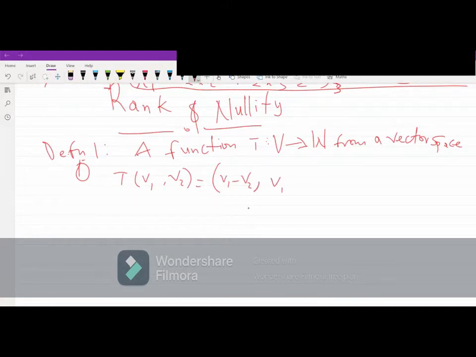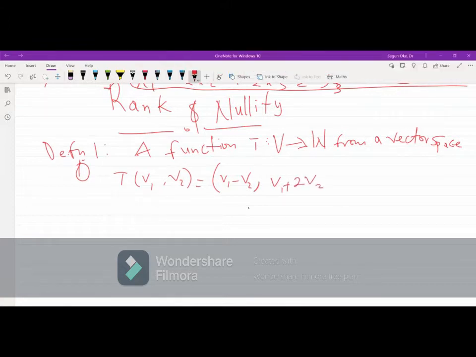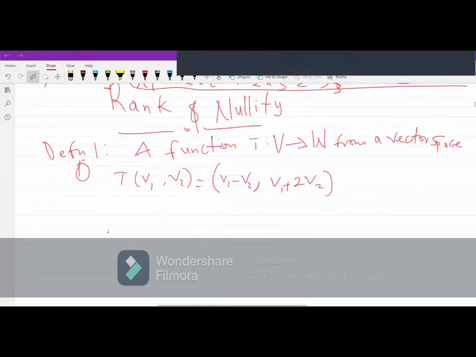Now, I'm trying to solve this again. Then we have V1 plus 2V2. So for us to prove that it is a linear transformation, don't forget the two axioms that I've explained initially. We need to use them. Addition.